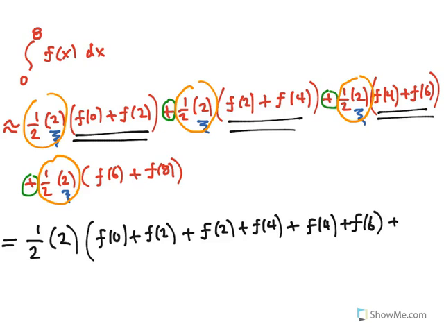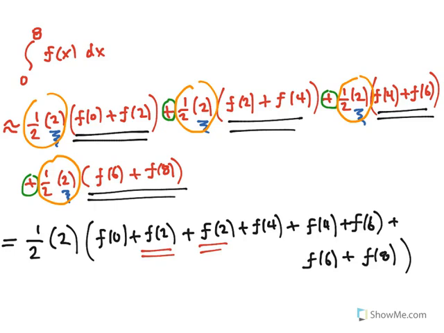And from the fourth term, which is the area of the fourth trapezoid, I'm left with f of 6 plus f of 8. So one thing that you may notice is I have f of 2 twice, I have f of 4 twice, and I have f of 6 twice. And I have f of 0 once and f of 8 once.